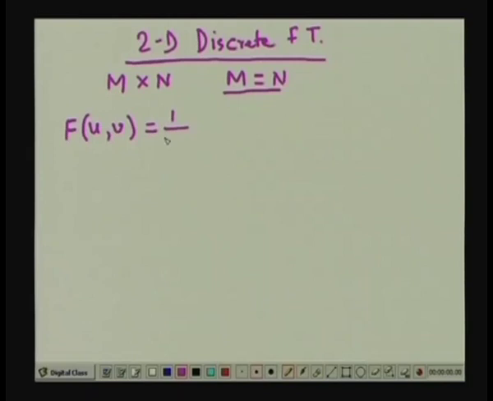So, this will take the form of 1 upon M into N, then double summation f(x,y).